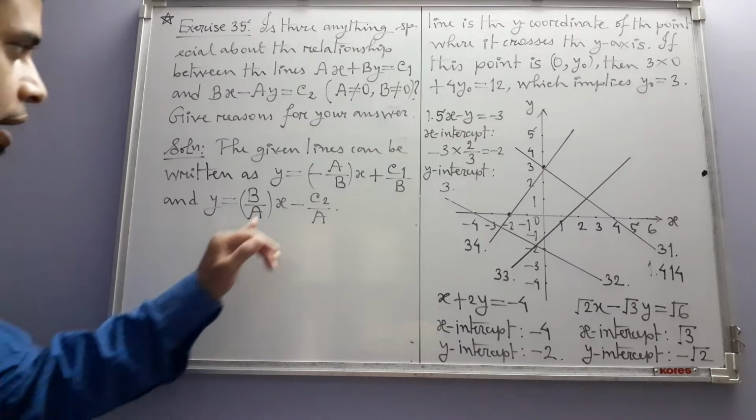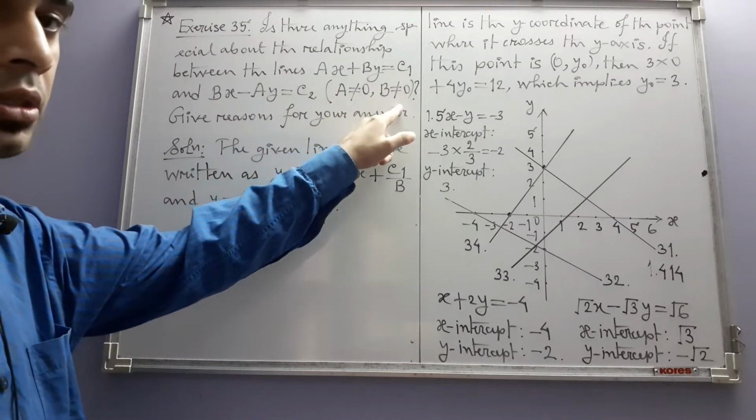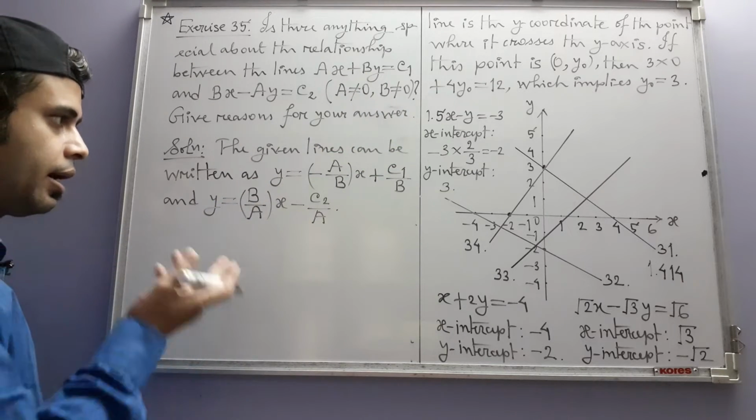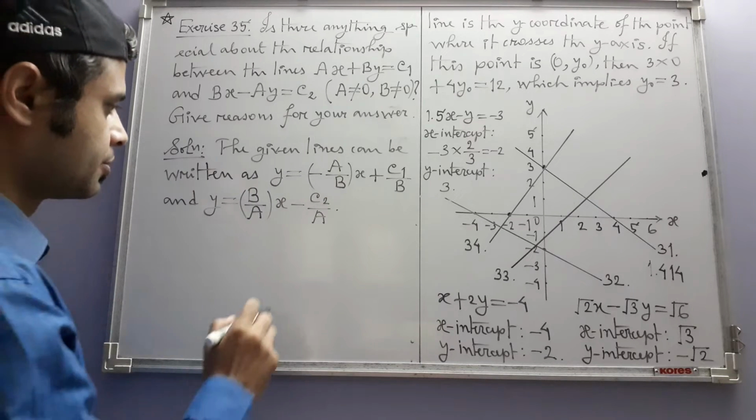Note that we have been able to divide by b and a because it's given that both of them are non-zero. Now these are lines of the form y equal to mx plus c.